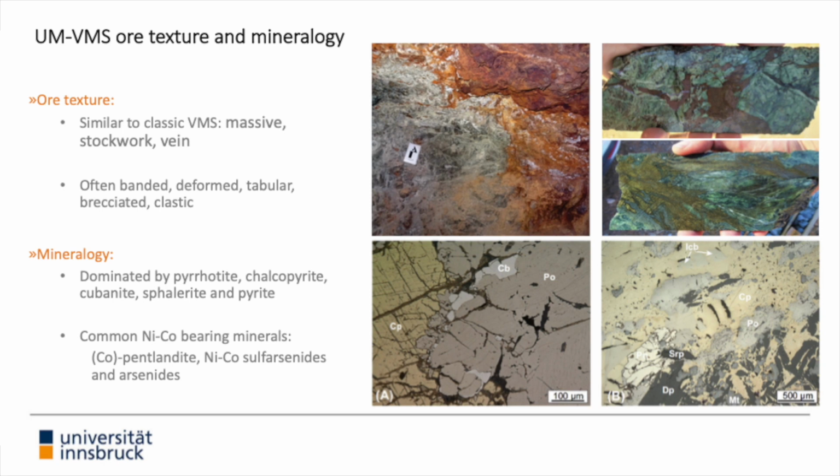The mineralogy is mainly pyrrhotite, chalcopyrite, cubanite, with a bit of sphalerite and pyrite. And that's one of the main reasons why this type of deposit is often misinterpreted as magmatic sulfides: it's the same type of mineralogy, sometimes. But you also have common cobalt and nickel bearing minerals, such as sulfarsenides and arsenides, which are quite common in these deposits.